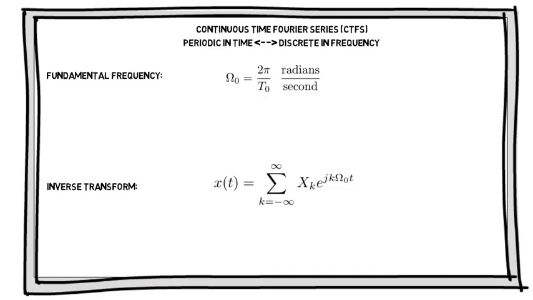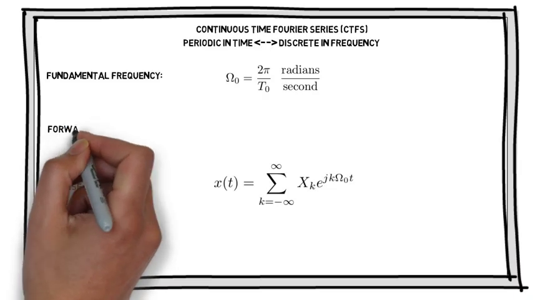And we'll get the magnitude and phase of that sinusoid by multiplying it by some complex scalar, x sub k. X sub k is a complex number. It has some magnitude and some phase, and those tell us the magnitude and the phase of the corresponding cosine. And Fourier showed that any periodic signal can be represented as a summation of this kind.